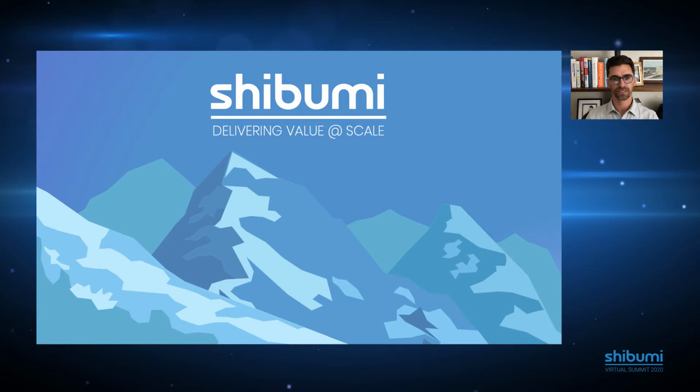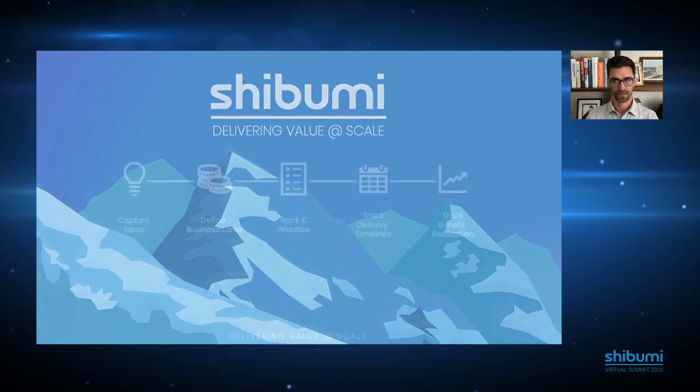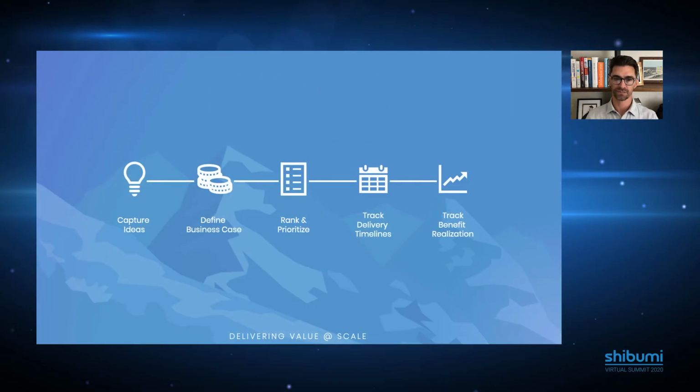As Shibumi has become ever more part of a successful organization, the need to integrate into critical systems has become equally important. Our approach towards integrations is the same as our approach towards strategy execution. From capturing ideas all the way through to tracking the business benefits, we integrate to the relevant platforms.